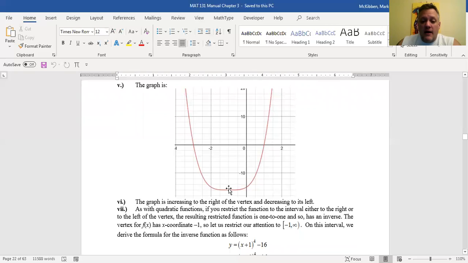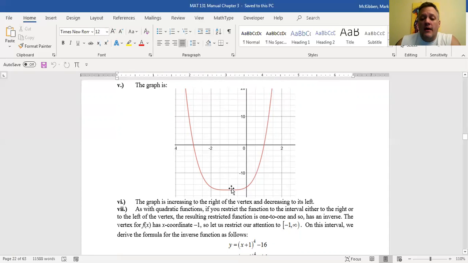And so here, if you look at the vertical line through the vertex, so at negative 1, negative 16. If I stay only to the right of that line, I get an entire half of this graph, and it basically tells me what the other half looks like because I know it's symmetric about that line.